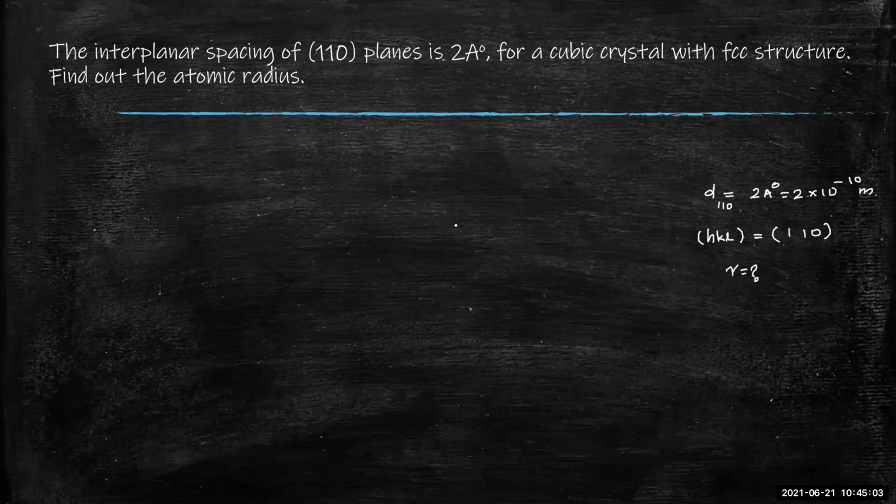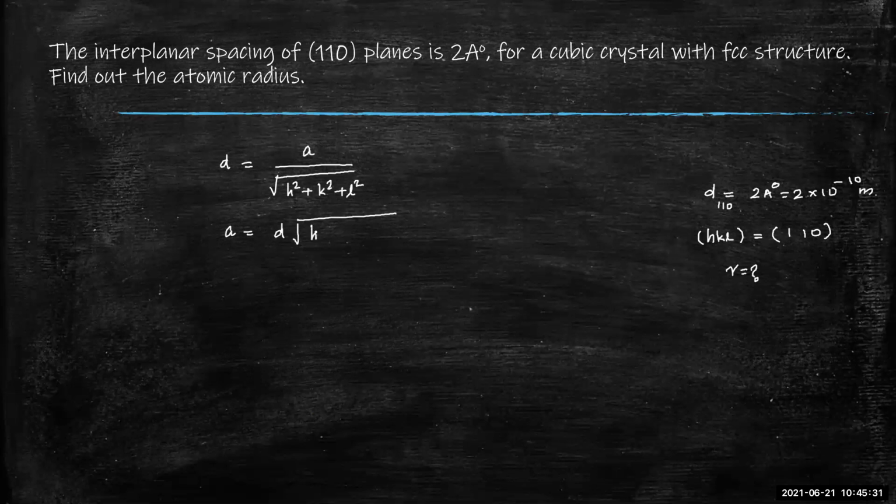So first we have to find the value of A. We know that D is equal to A divided by root of H square plus K square plus L square, or A is equal to D into root of H square plus K square plus L square.